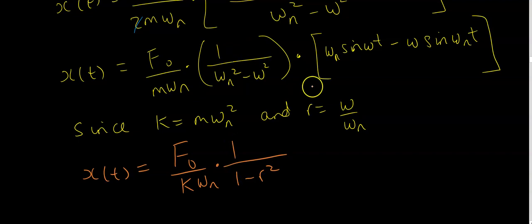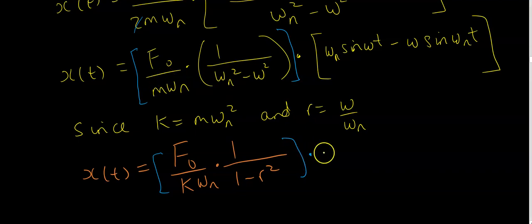I'll leave you to work out the algebra, because what I've written here is actually the exact same thing as this. You can do that because it's just to factorize out omega n squared. It's just multiplied now by omega n sine omega t minus omega sine omega nt.